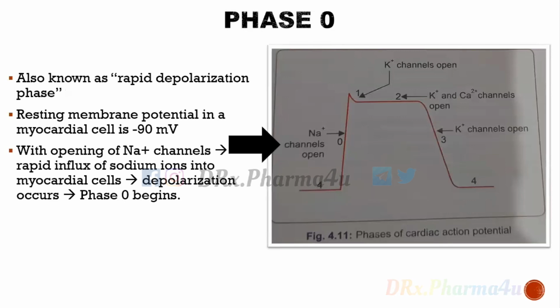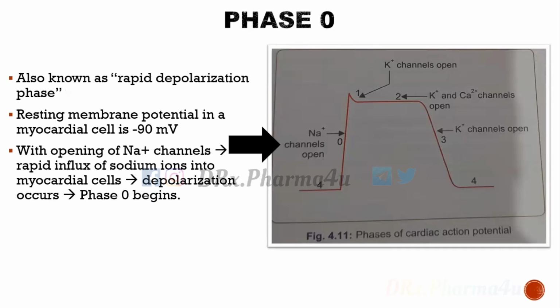Now you can see phase 0 clearly. I took a picture of a diagram, and just to explain, I have mentioned an arrow here, so you can clearly see where phase 0 is happening. It is written that sodium channels open. So in phase 0, sodium channels are activated or open.